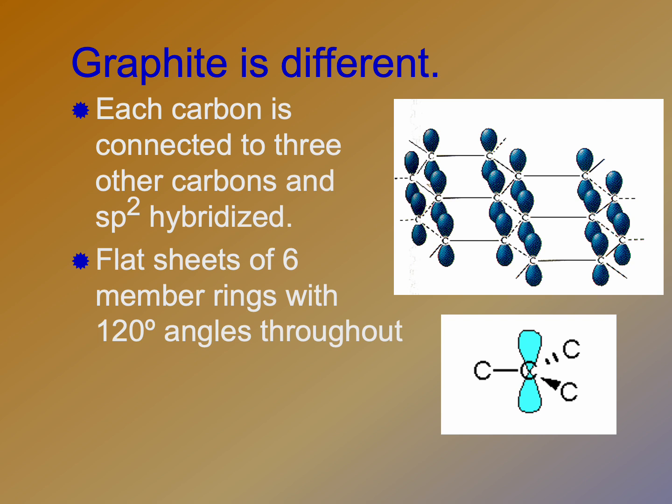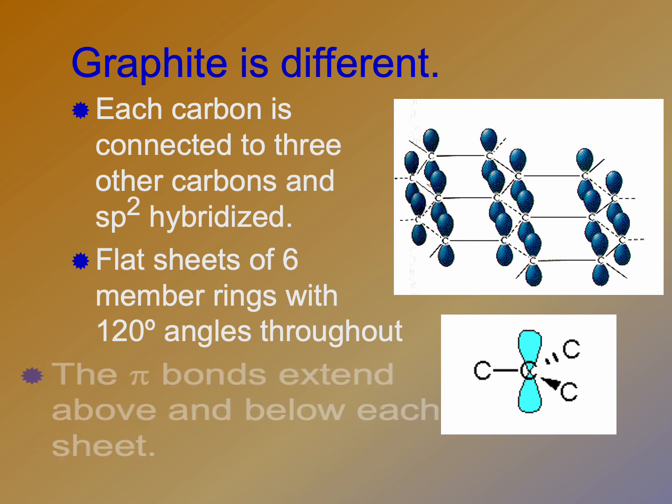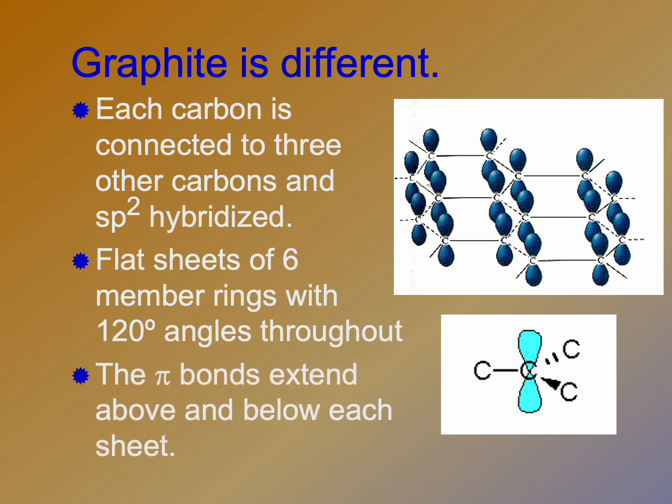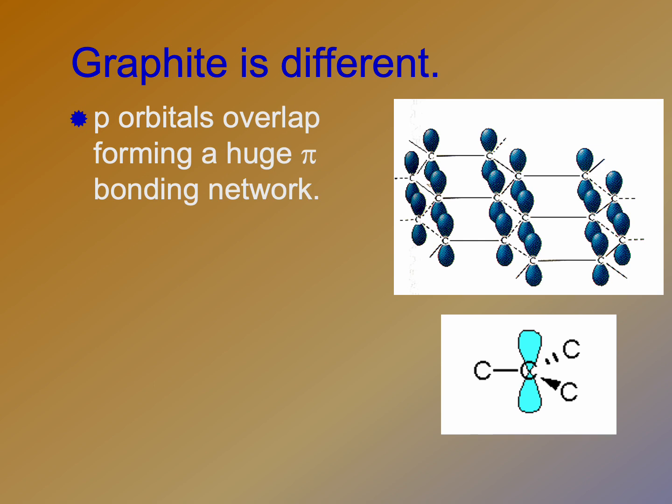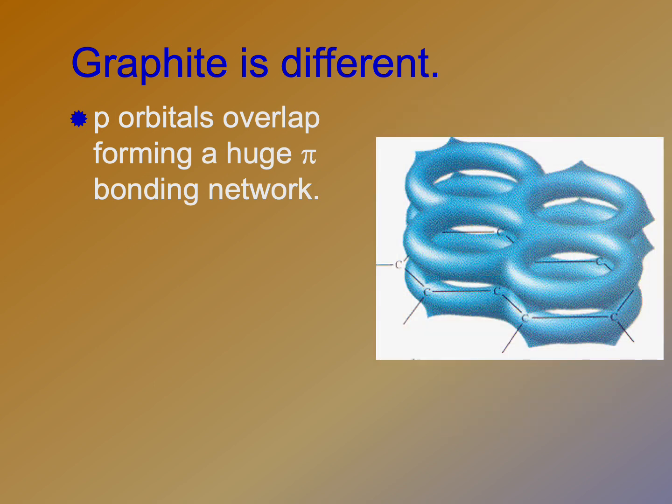Those non-bonded hybrid orbitals will overlap and make pi bonds, which, remember, pi bonds are weaker than sigma bonds. Because of that, it is going to allow those sheets of graphite or sheets of carbon to slide past one another. So the p orbitals overlap, forming a pi network.